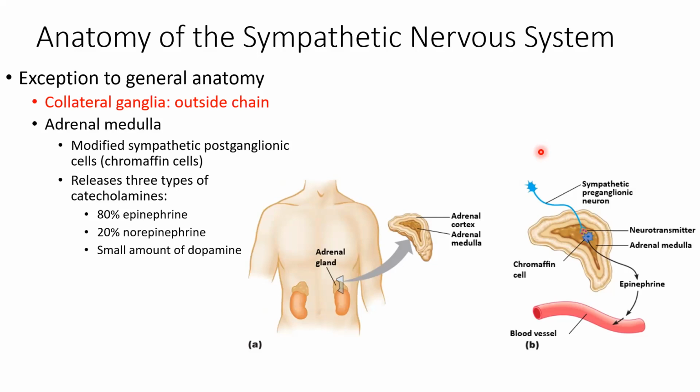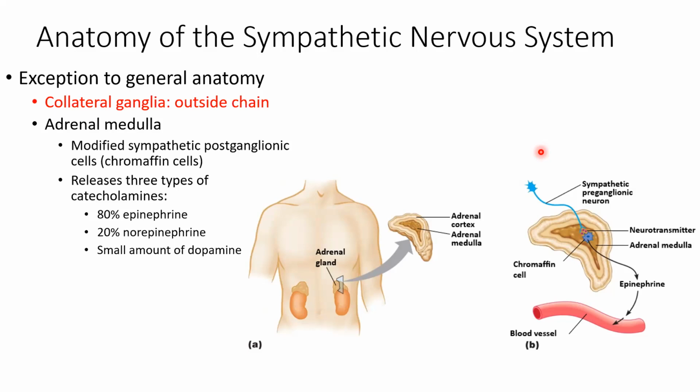And so we can think of these as really being neurotransmitters, just the way a postganglionic neuron would release neurotransmitter. But because these are cells, and because it's actually being released into the blood, these are considered hormones when they are circulated in the blood, and a neurotransmitter if it's circulated at a synapse, okay?